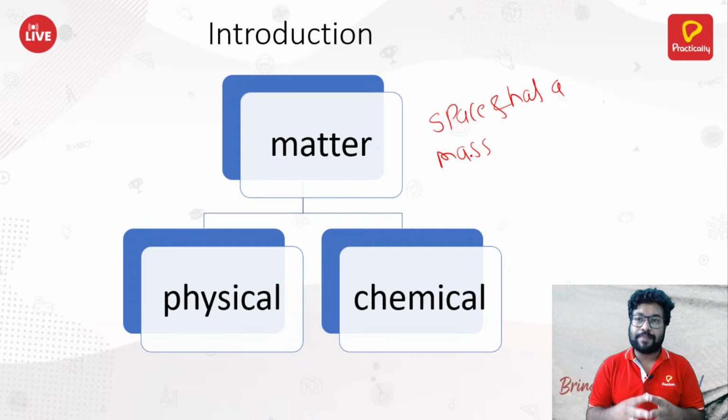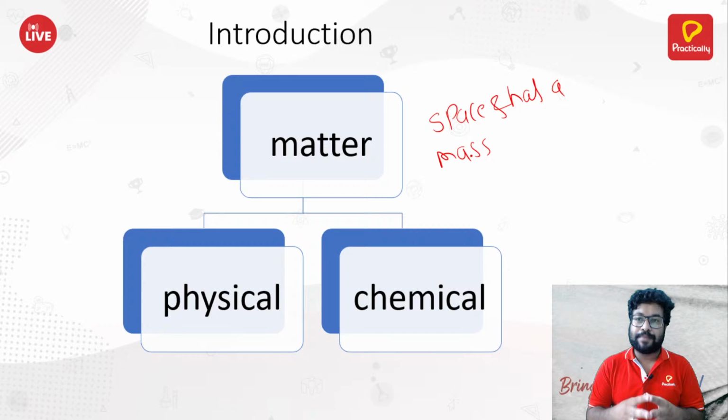So let's see the physical classification. Physically, you already know there are solid, liquid, and gas. These three are the basic classification of matter into the physical category. We already know what solids are, right? Solids are substances which have a definite shape and definite volume.